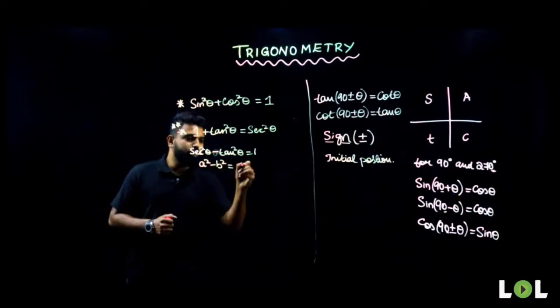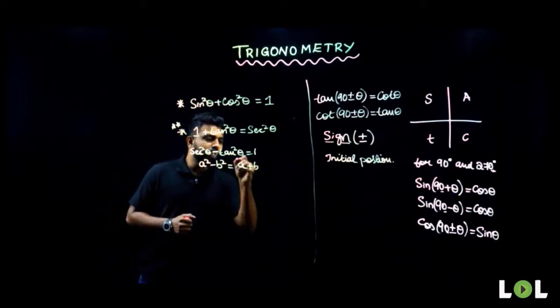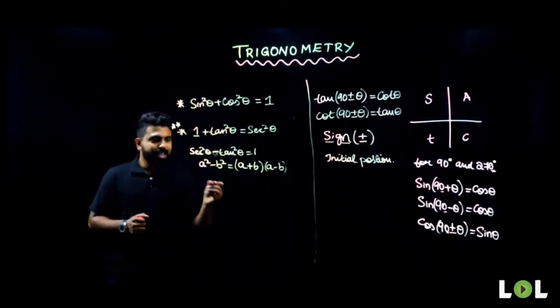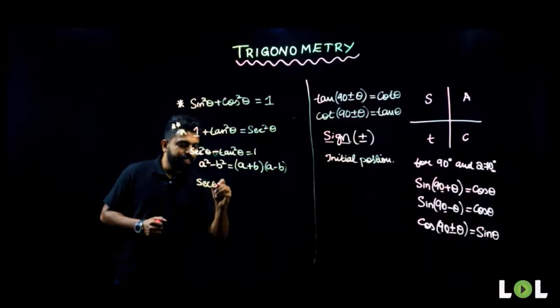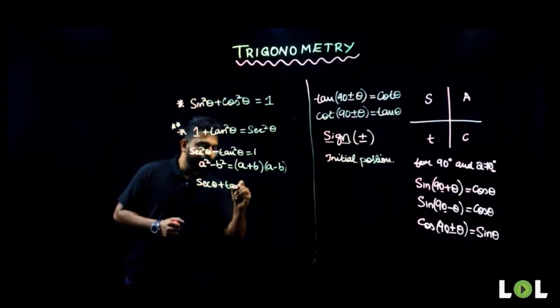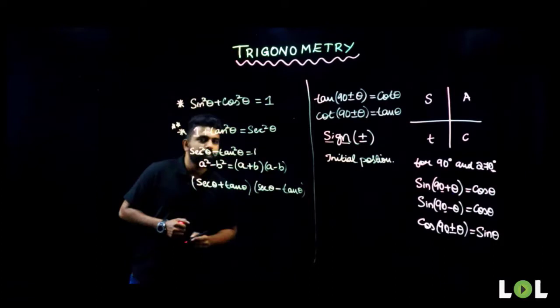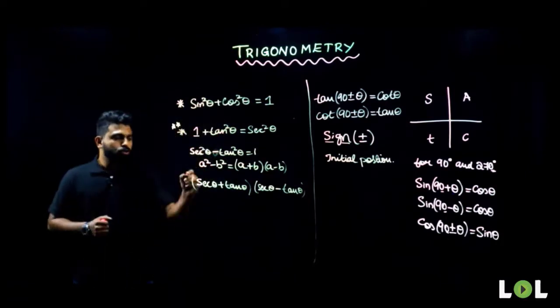This could also be written as a plus b into a minus b. So what did we write this as? We wrote this as secant theta plus tan theta into secant theta minus tan theta. So this was also very important.